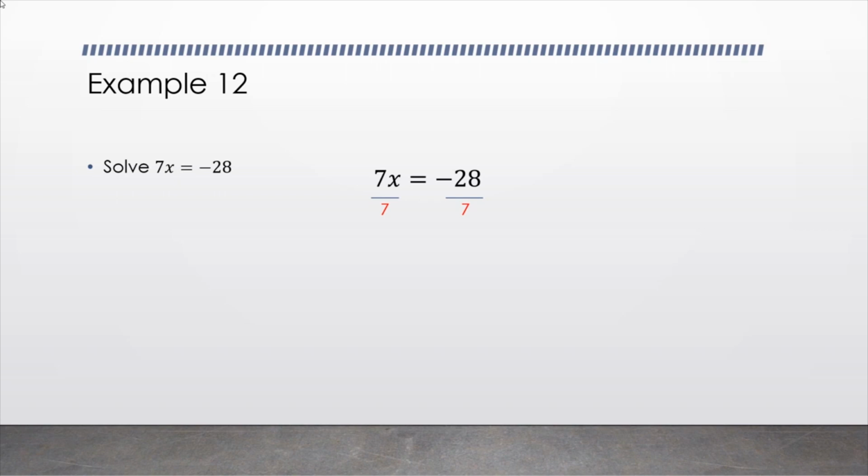Now, when I divide both sides by 7, the 7s cancel. That actually leaves me with 1x. And then on the other side, negative 28 divided by 7 is negative 4. 1 times x is just x. So there's my answer. X equals negative 4.